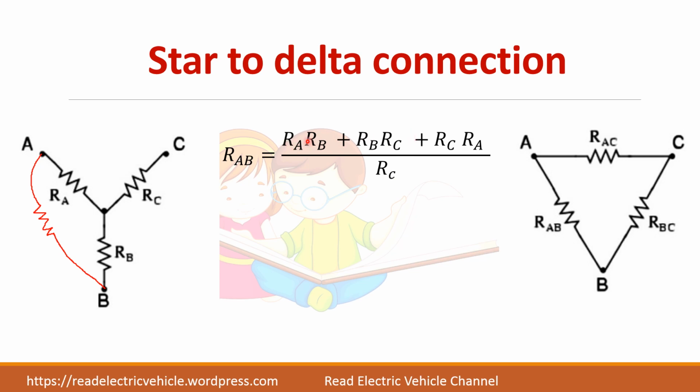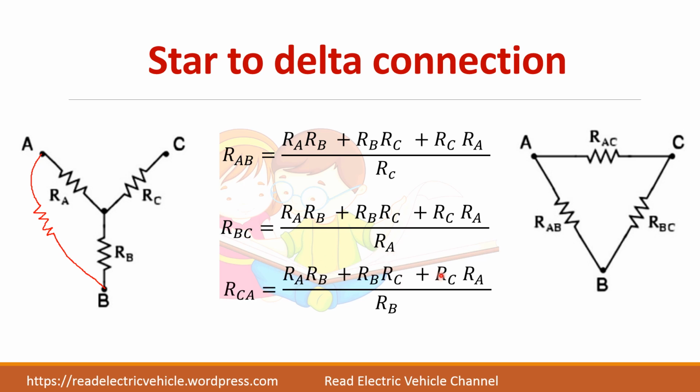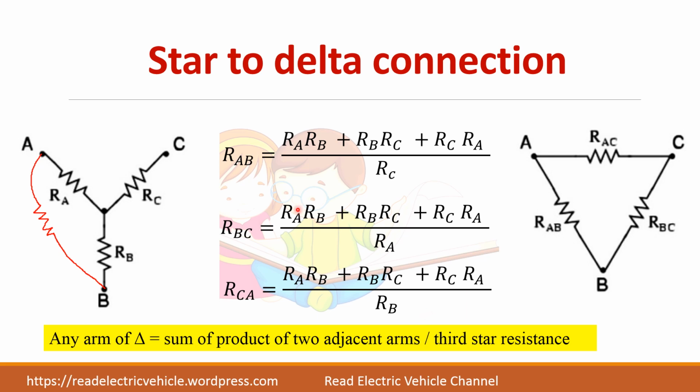The numerator remains the same for all 3 formulas. The denominator alone changes, and whatever variable is missing, you have to divide by it. You can easily remember this formula. Just find the products, add all the products together, and divide by the missing variable. That will give you the delta resistance.